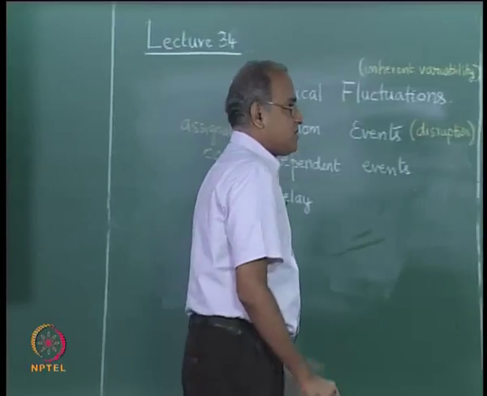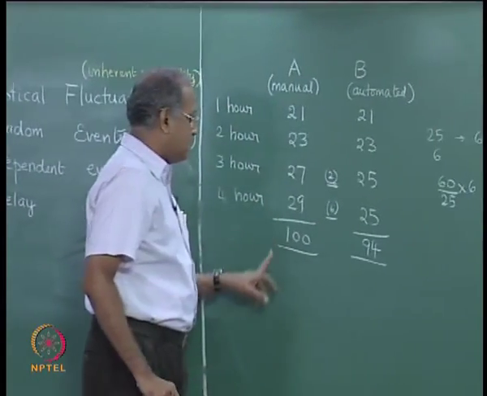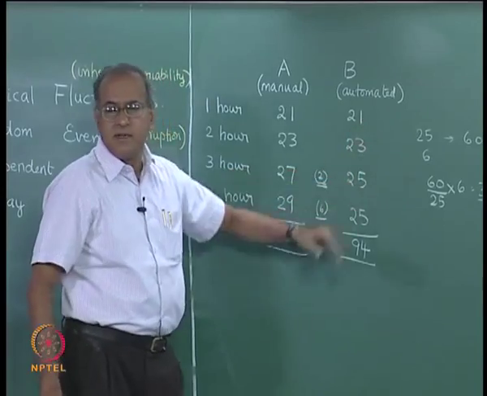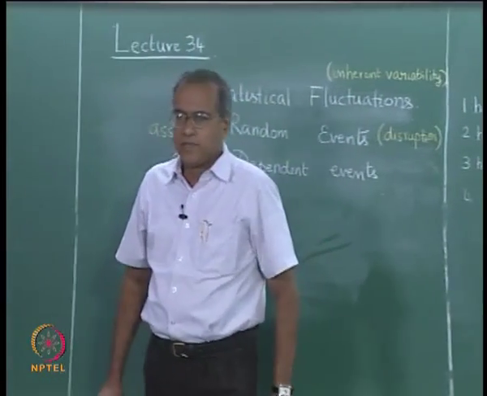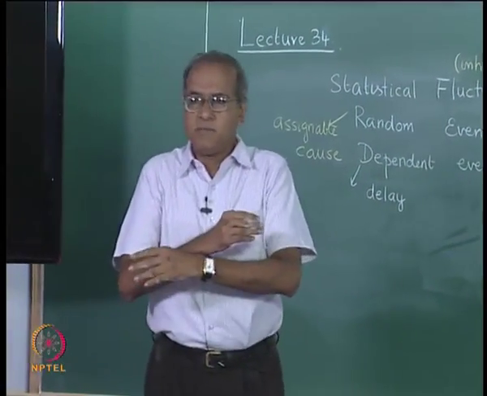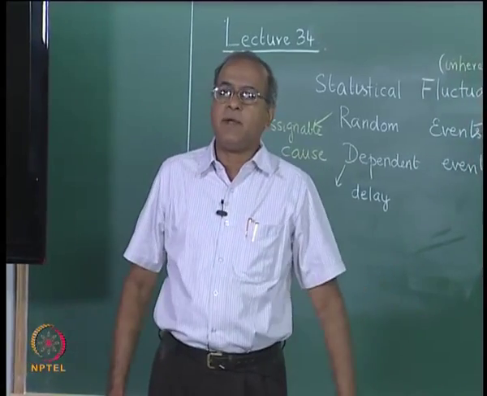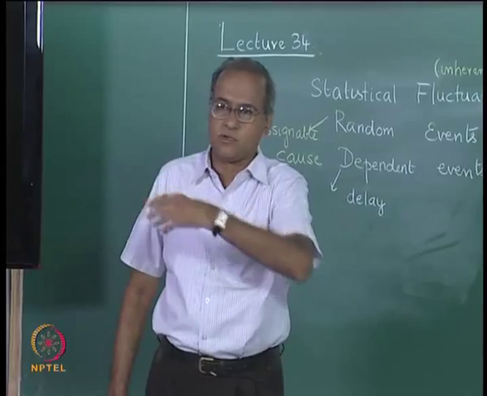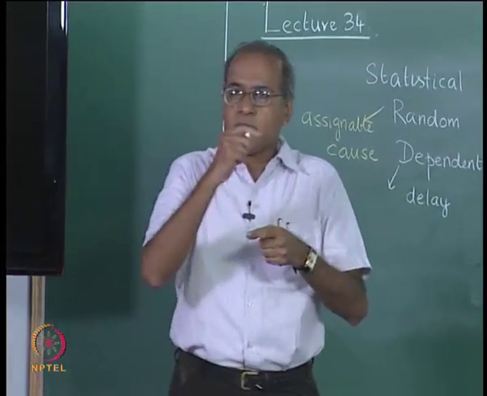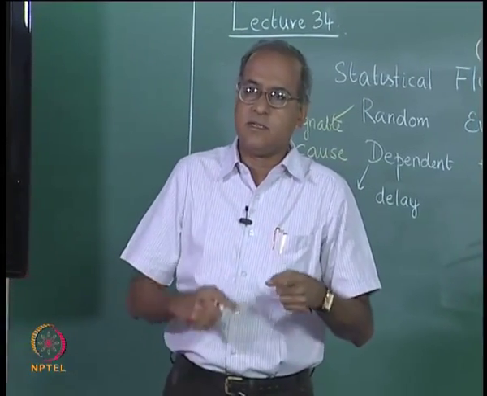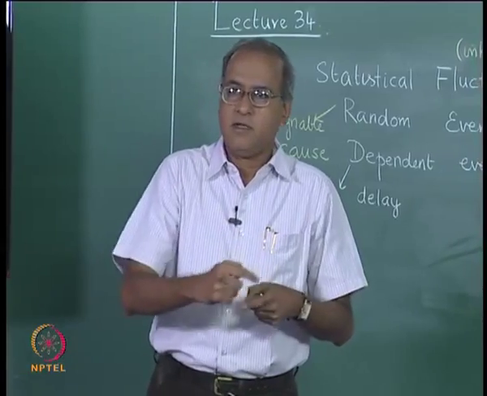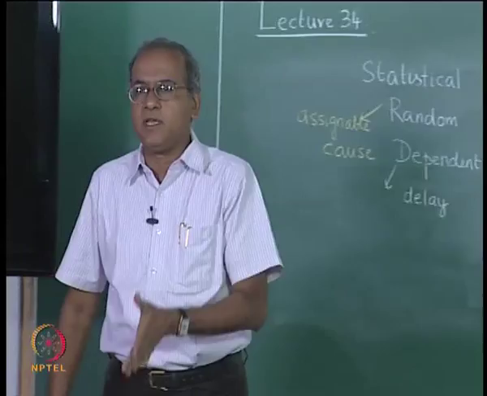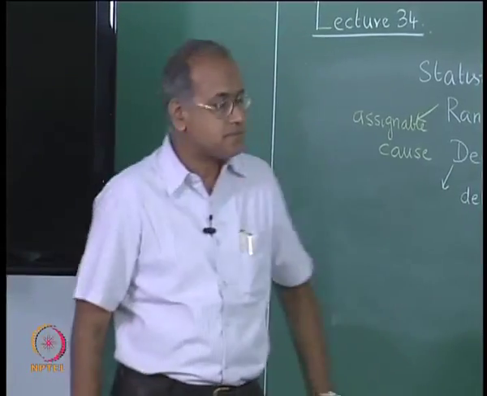So, statistical fluctuations cancel out each other, their variation is small, but dependent events create disruption and delay, and manufacturing is made up completely of dependent events, because the products move through multiple machines and so on. So, we may be able to absorb the statistical fluctuations with respect to a single machine, but with respect to the dependency we will not be able to absorb the statistical fluctuation.